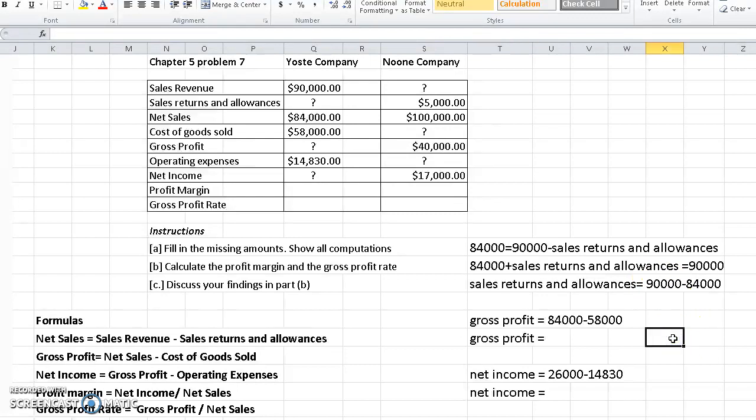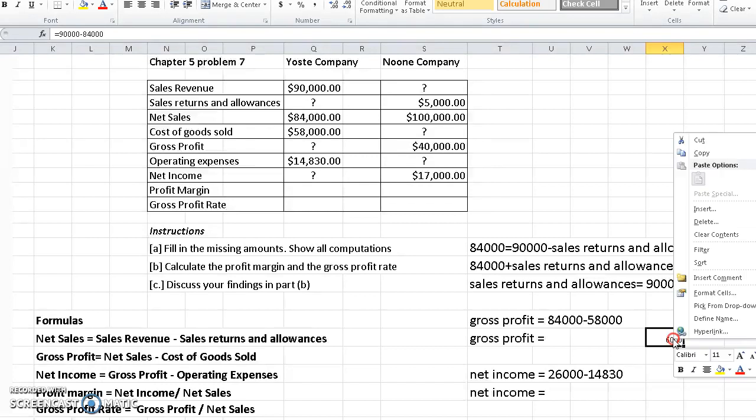Now one of the great things about Excel is you can actually use it as a calculator. So we're going to do that right now. So you put in the equal sign, and then we're going to take the 90,000 minus the 84,000. Just hit enter, and that gives us that number there.